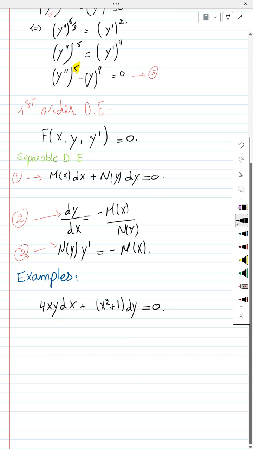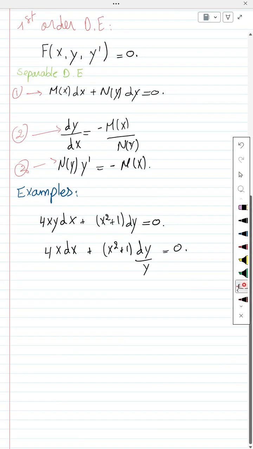What we should do is divide the whole equation by y. We will get 4x dx plus (x squared plus 1) dy over y equal to 0, and dividing all sides by x squared plus 1, we will get 4x over (x squared plus 1) dx plus 1 over y dy is equal to 0.